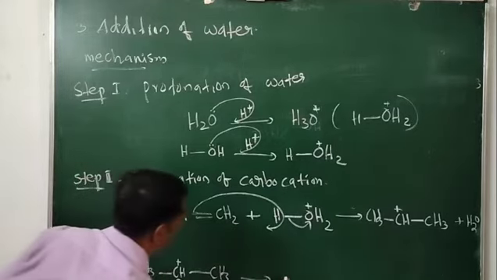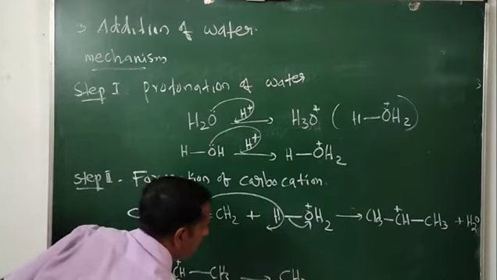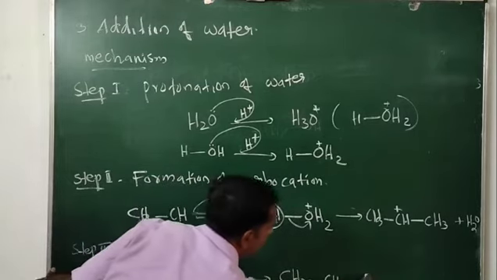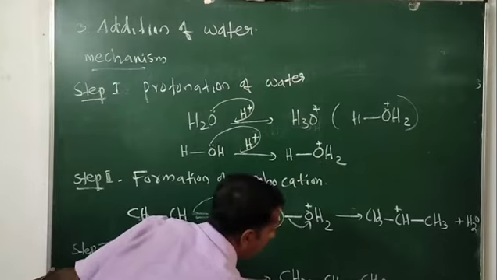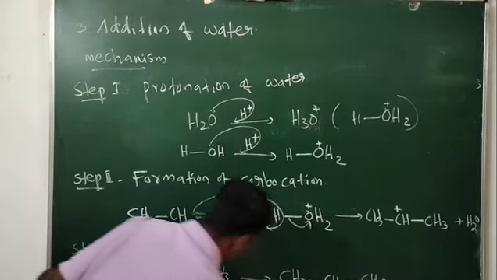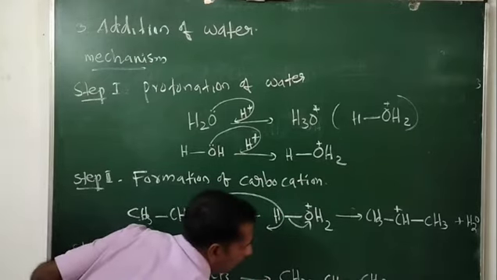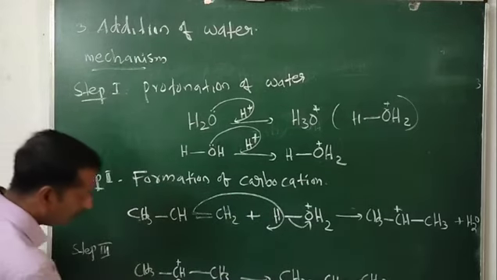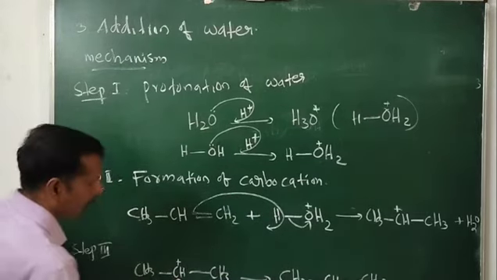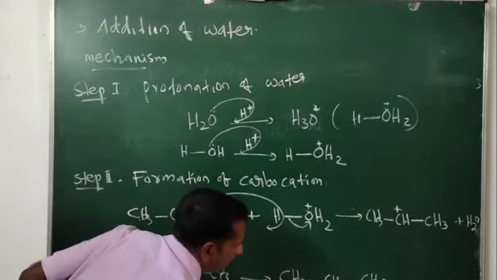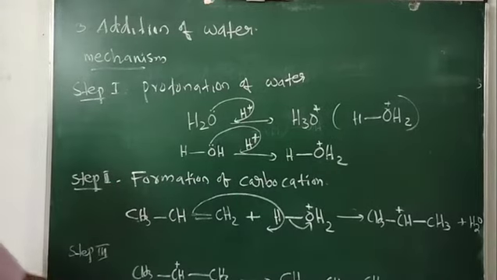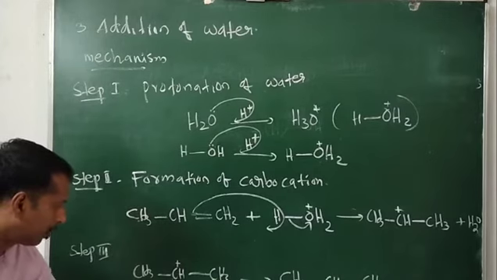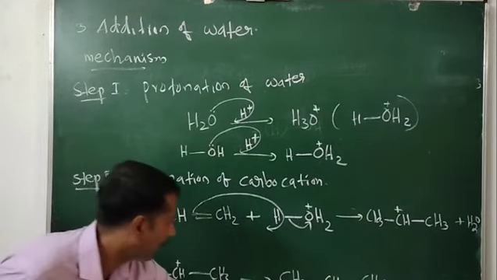So what we get? We get CH3CH(OH2+)CH3. Since this lone pair is utilized for making a bond, this oxygen is getting a positive charge.